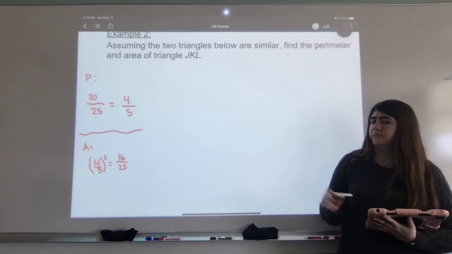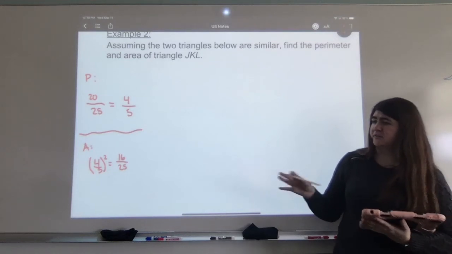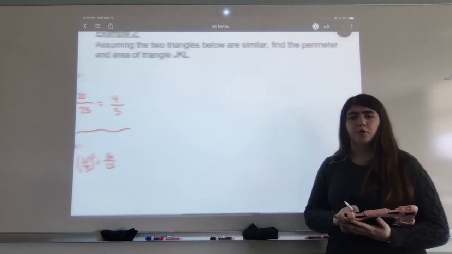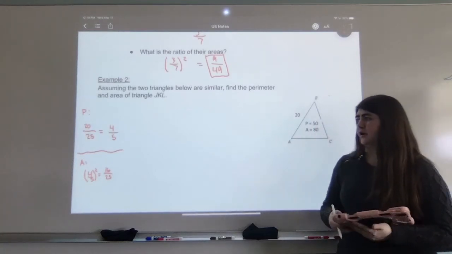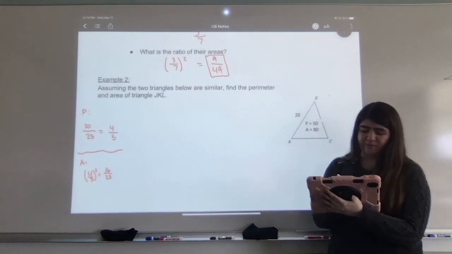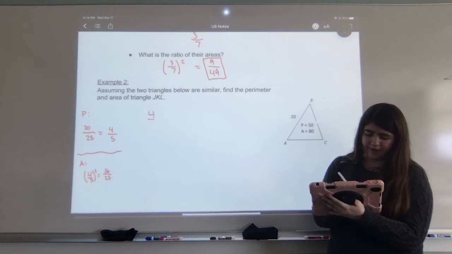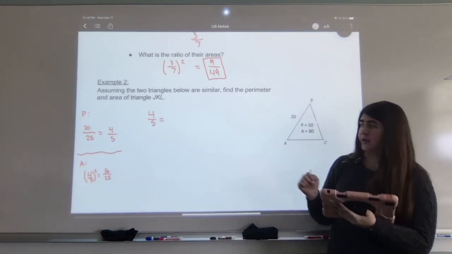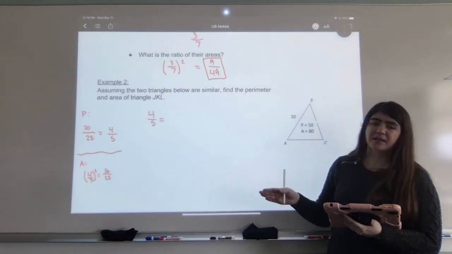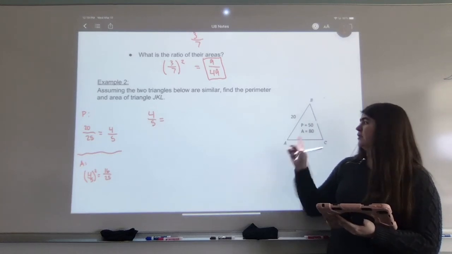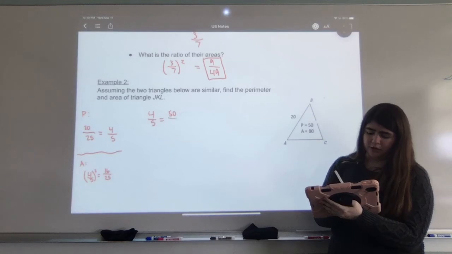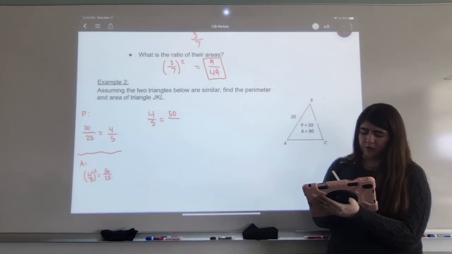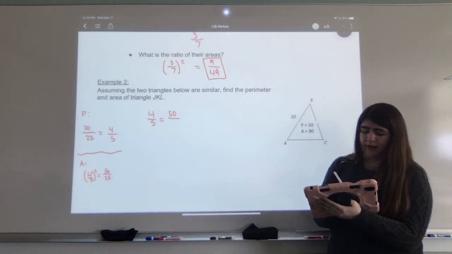All right, so now I'm going to take those pieces and set up a proportion and solve with a cross product between perimeter and area. So starting with perimeter, I have my similarity ratio of 4 to 5, and my perimeter ratio will be 50 to my unknown perimeter, which I shall call x.